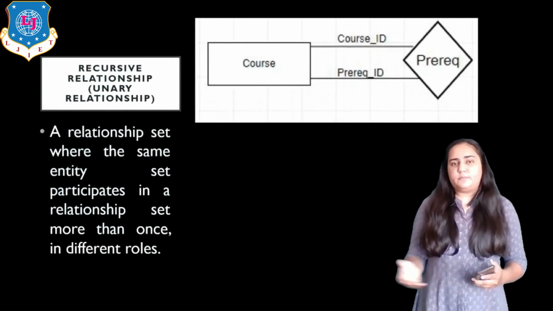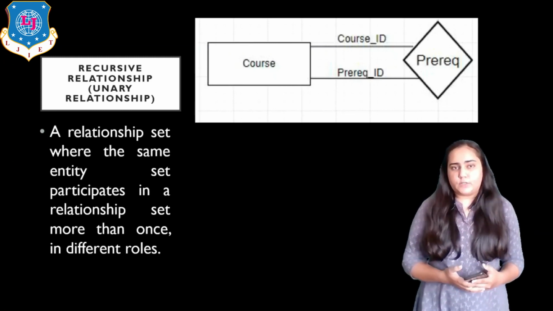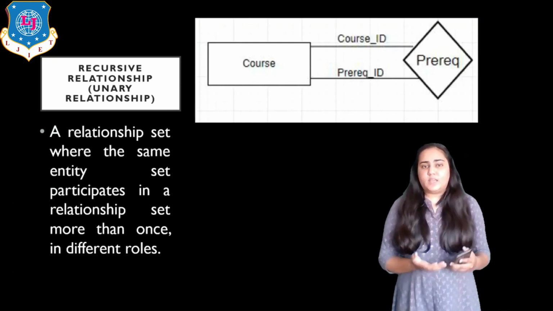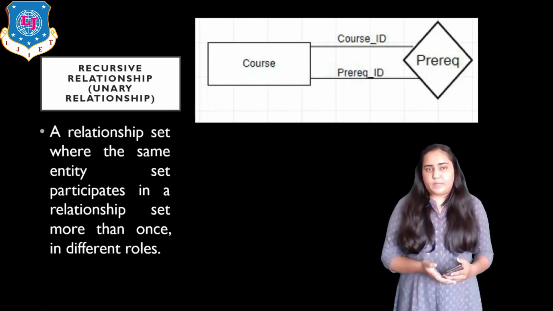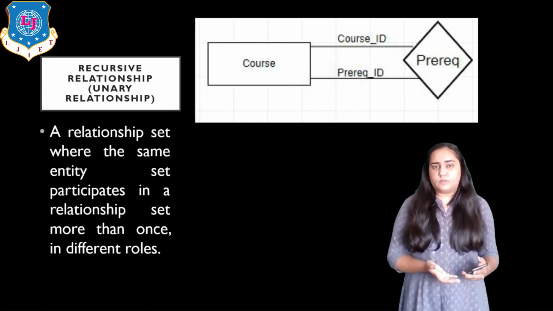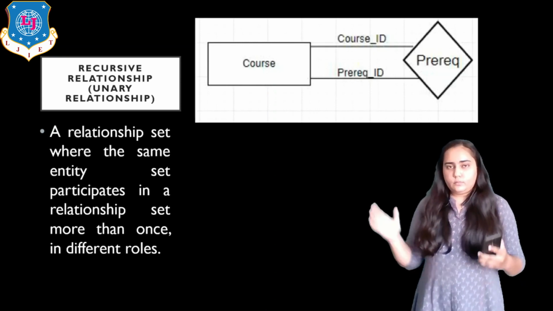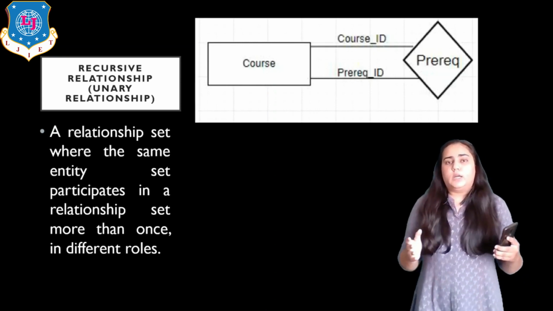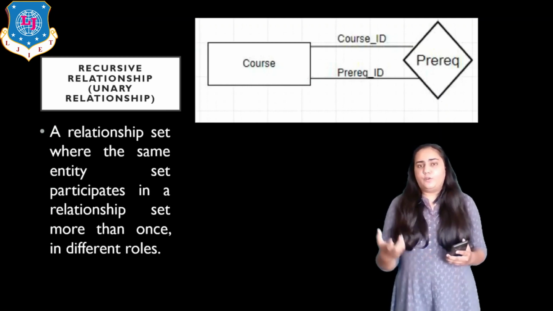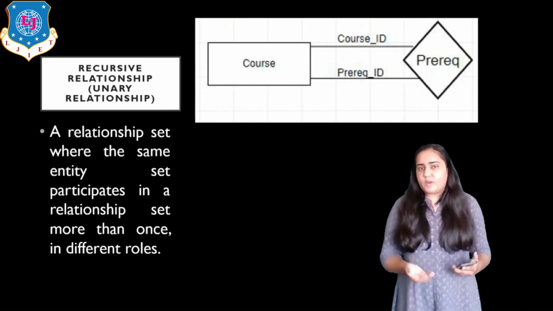Now, there are several types of relationships, and the first type is a unary relationship. It's also known as a recursive relationship, where the same entity set participates in a relationship set more than once in different roles. So if you see here, I have a course entity set, and I can relate one course with another course by using prerequisites.